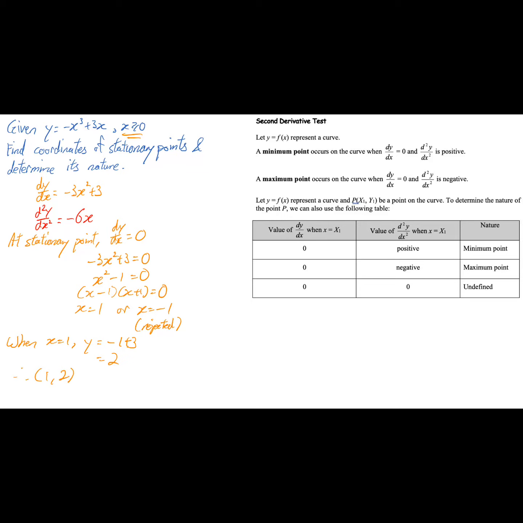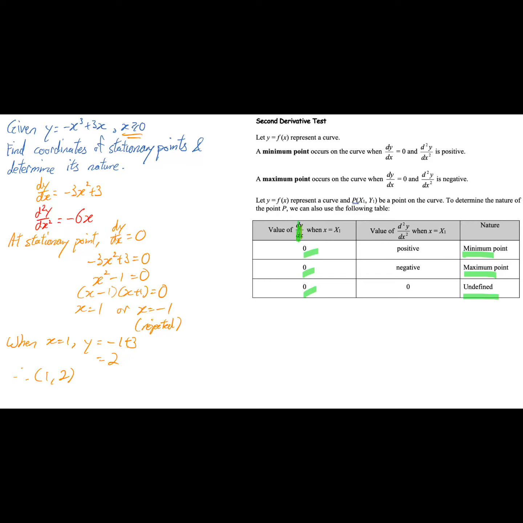Now, to determine its nature, we're going to use the second derivative test. Let me use this table to explain. For dy/dx at a stationary point, be it minimum, maximum, or point of inflection, it is always 0.